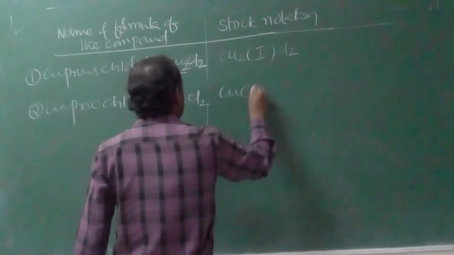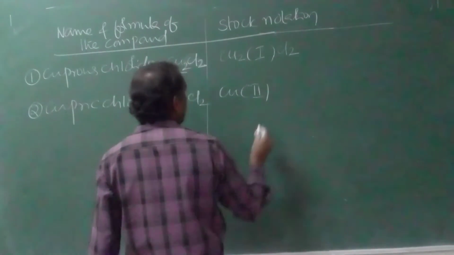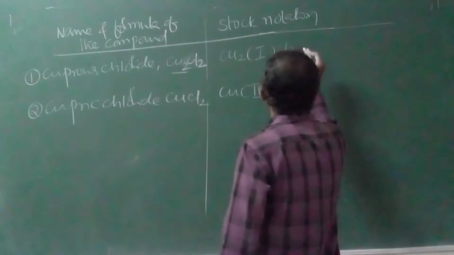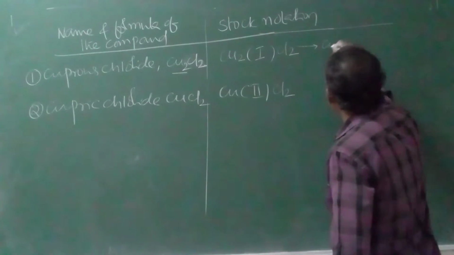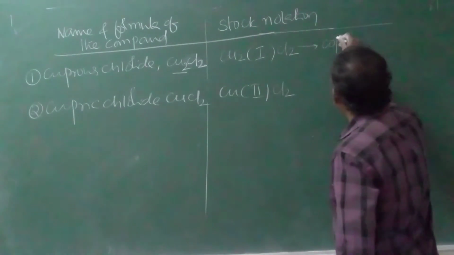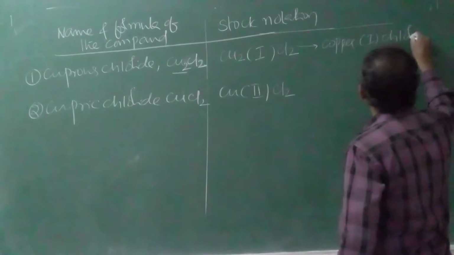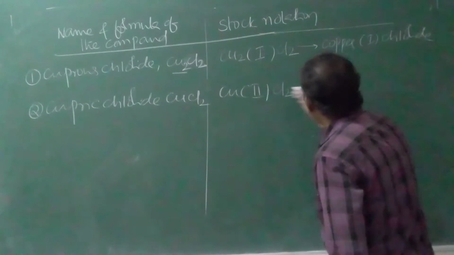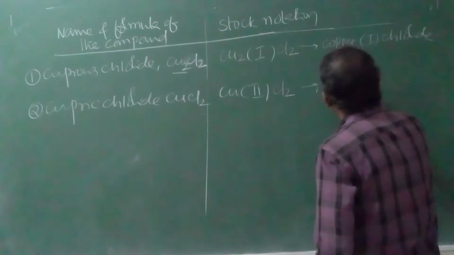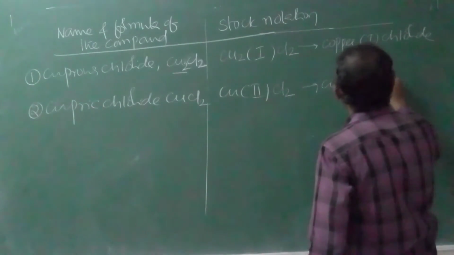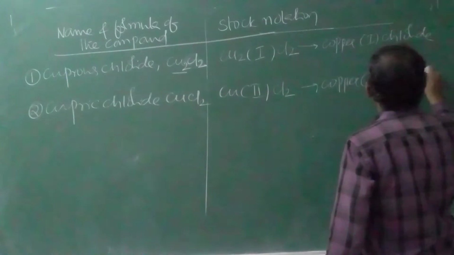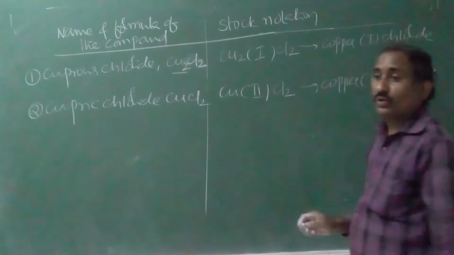Here the copper oxidation state we can calculate as +2, and we get CuCl2. In Stock notation the name here is copper(I) chloride. Here also copper is there: copper(II) chloride. Strictly speaking, these two are both copper chlorides.